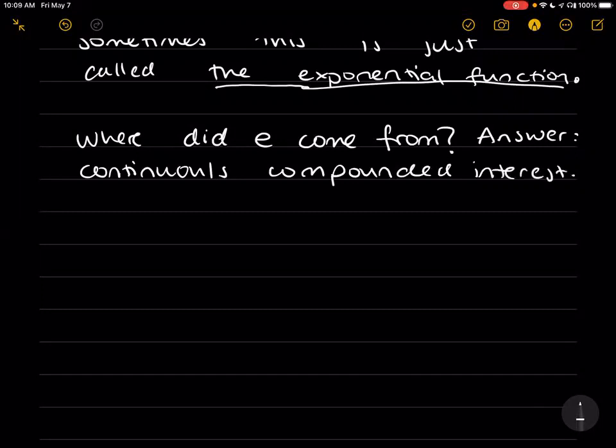We talked about compound interest a little bit in the last section. And Jacob Bernoulli, in, I think, 1683, was thinking about compounded interest as well and asked the following question.